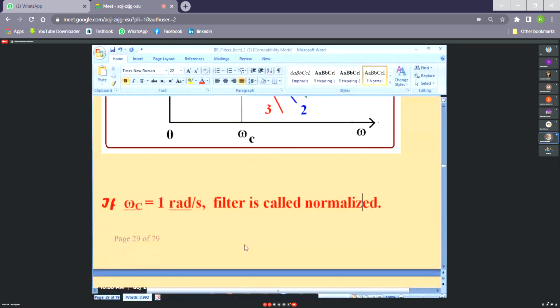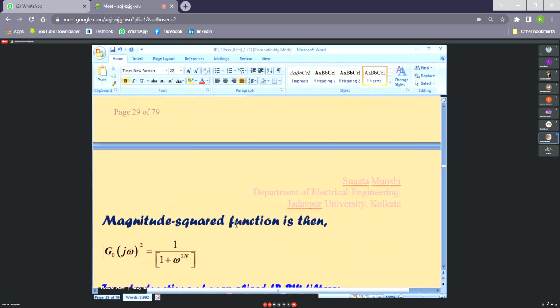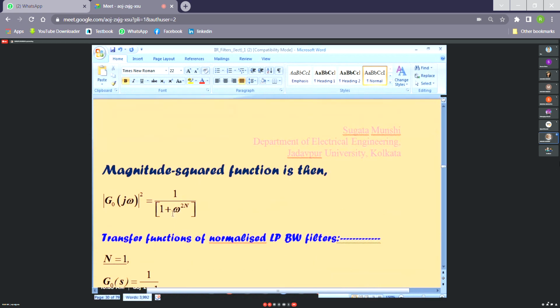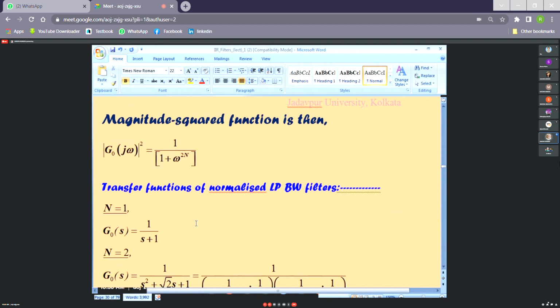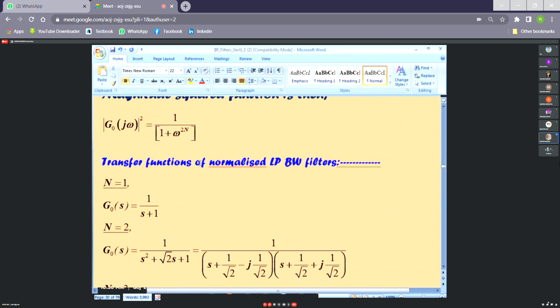That is equally true for other filters as well. If cutoff frequency is 1 radian per second, the corresponding filter is called normalized. Magnitude squared function of the normalized filter is as shown here, omega c is 1. Now, I have written here the transfer functions of three orders of the normalized low-pass Butterworth filter.